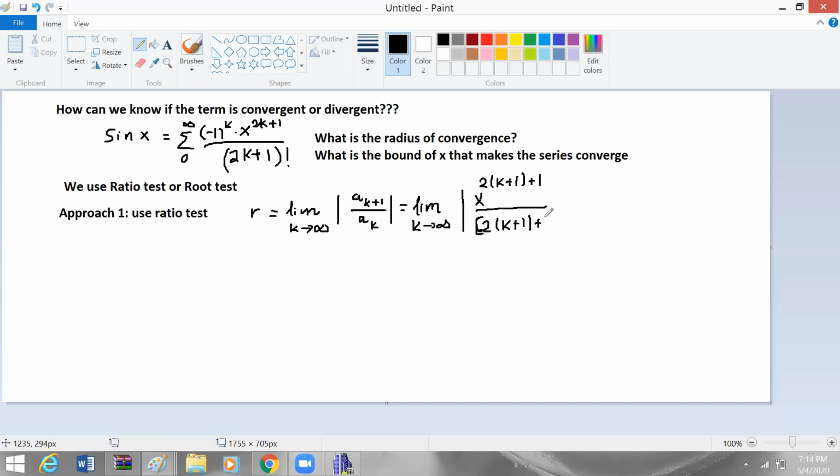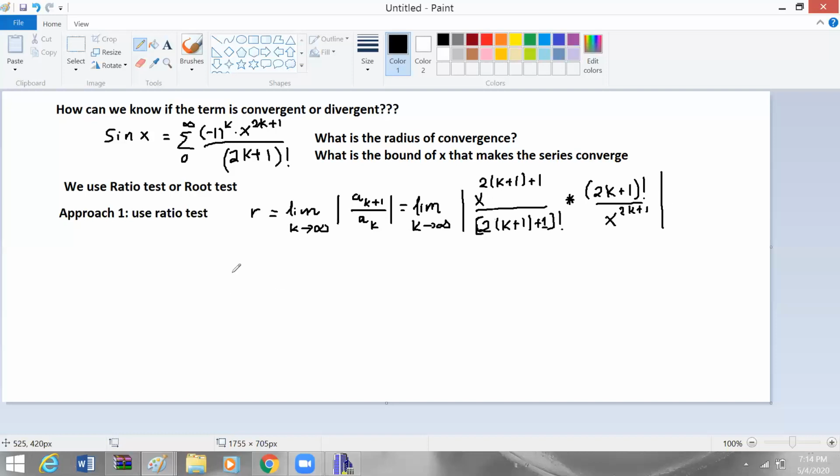And in terms of the factorial, when we divide by a_k, that means we multiply by the reciprocal. The reciprocal of x to the 2k plus 1 over 2k plus 1 factorial will be 2k plus 1 factorial over x to the 2k plus 1. Same thing, it just flips the entire fraction.